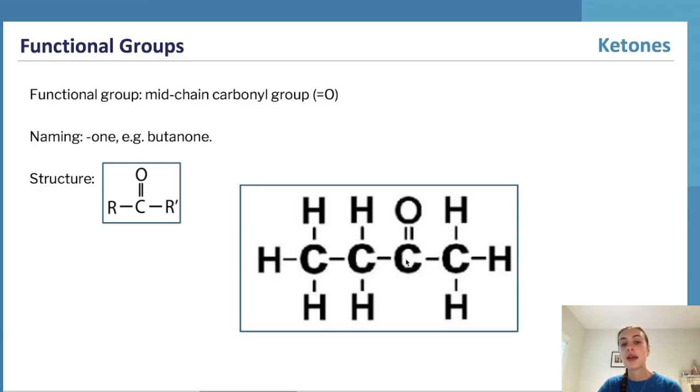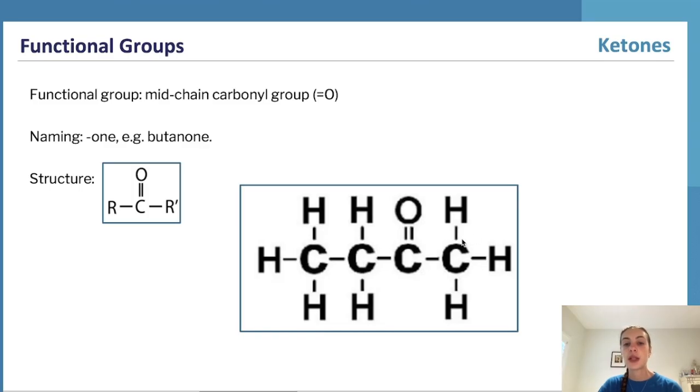The butane part is the 4 carbons along the main chain, and butanone says that we've got a double bonded oxygen on one of the middle carbons along the chain. The middle carbon being one of these two, we don't need to name it with a number, because it will either be on the second one or the third one, and the third one would be named as the second one because if we count from this direction we'd go 1, 2.